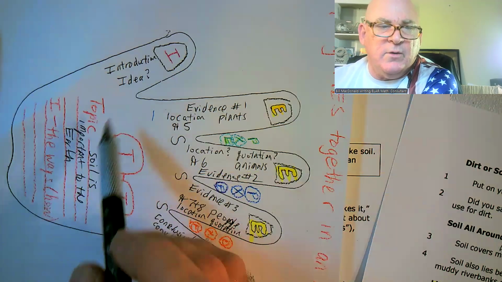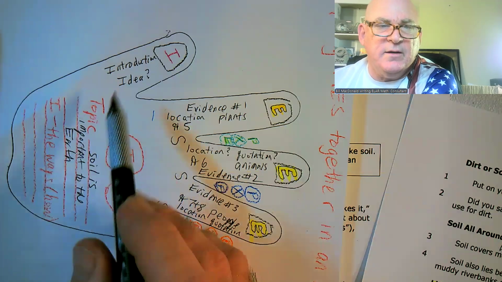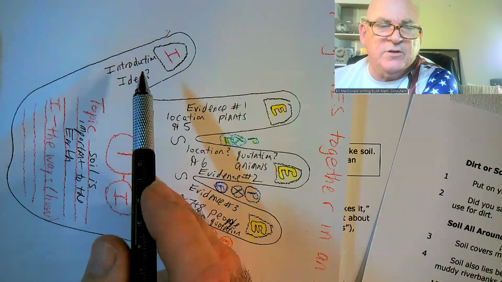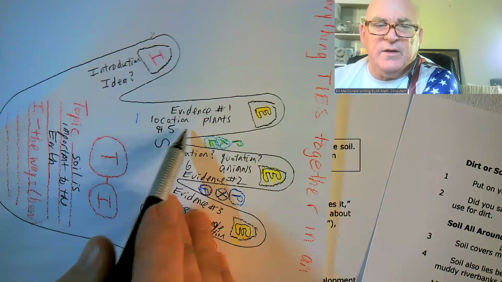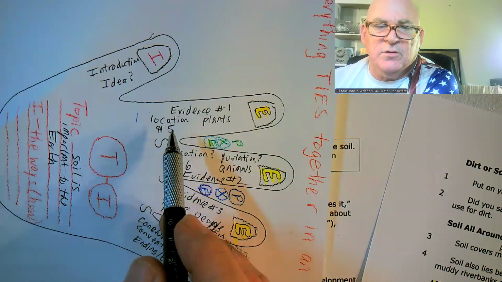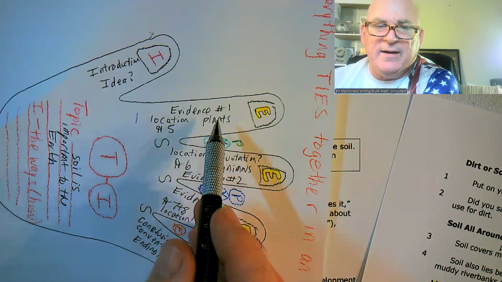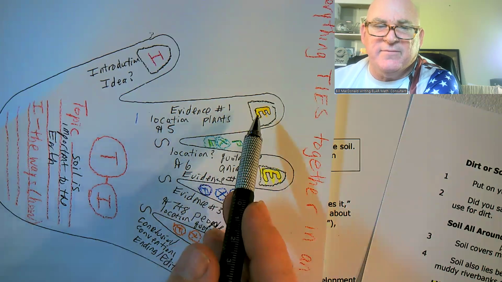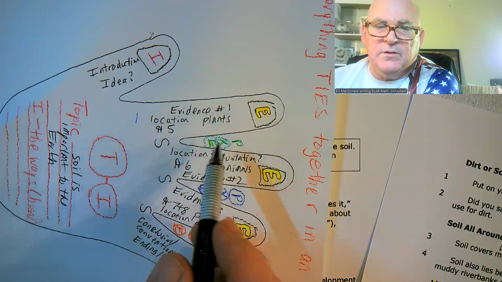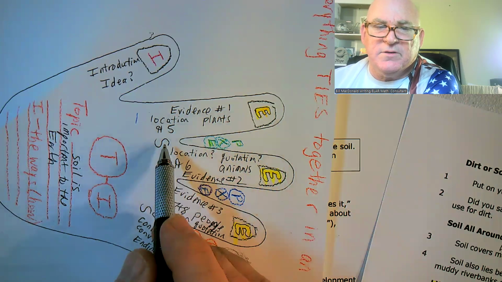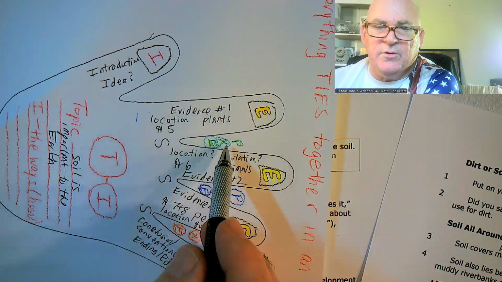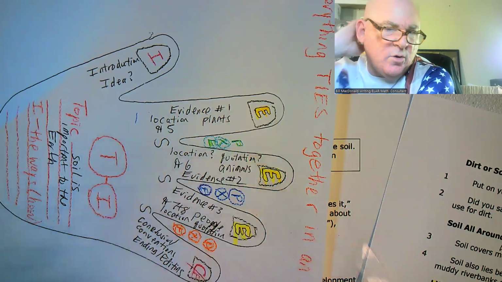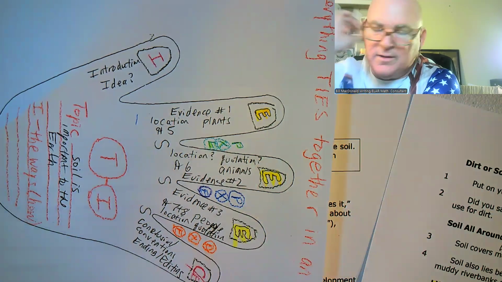I want to be able to take that topic and idea and have some sort of introduction, either at least present, and later on we'll work on effective. Evidence 1, the location was in paragraph 5, and it had to do with us needing plants. That's the evidence. And the development part, the specific supporting sentences, I could explain with either 1 or 2 or 3 sentences or more if you're higher than an elementary student.